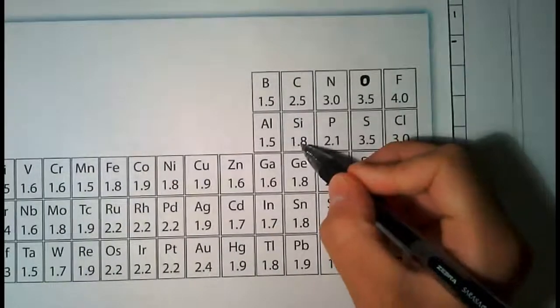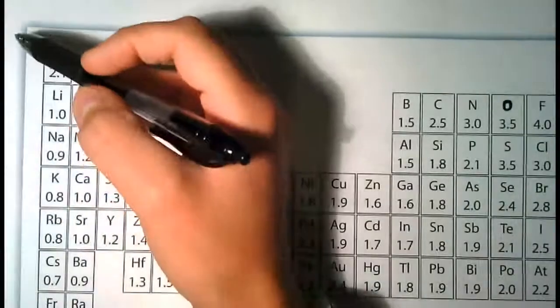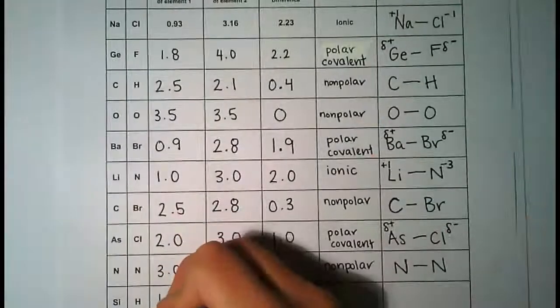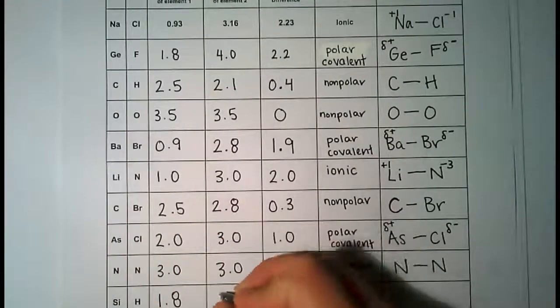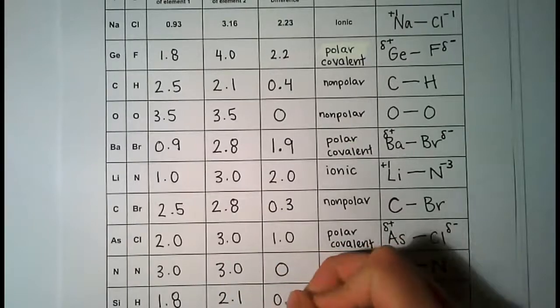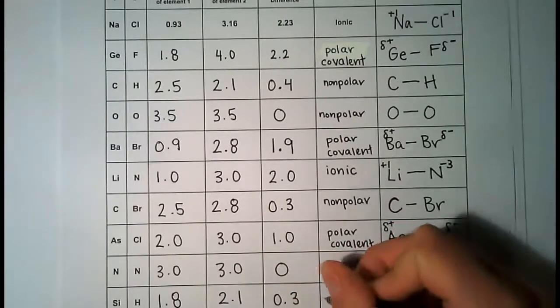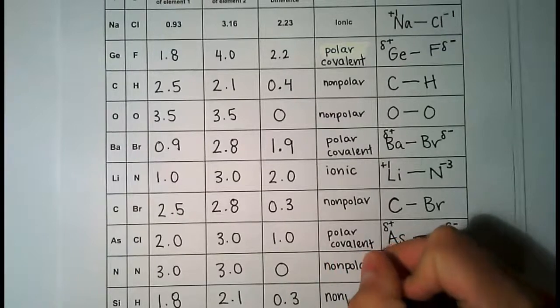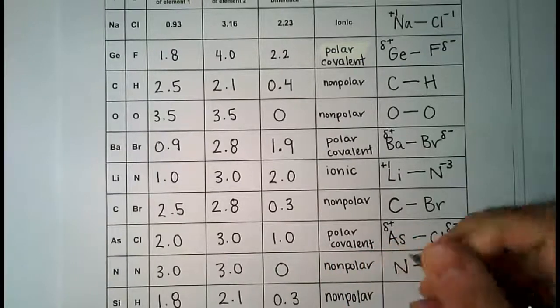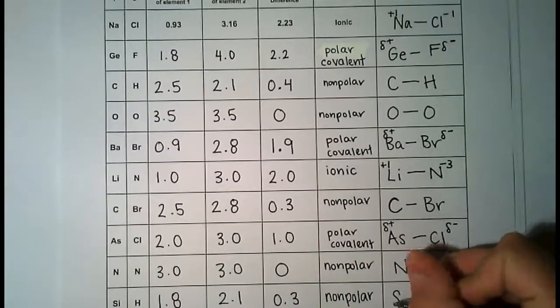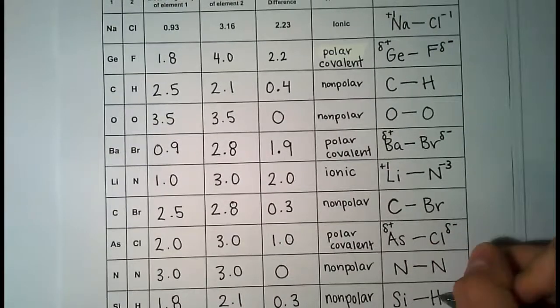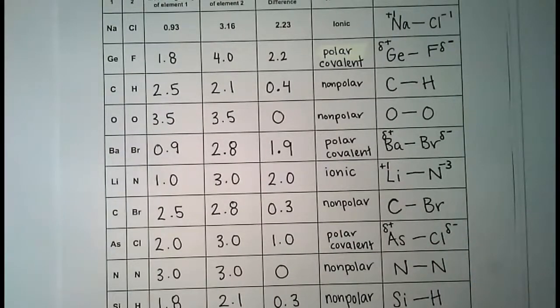So silicon is 1.8, hydrogen is 2.1, which is a difference of 0.3, which is relatively nonpolar. So silicon and hydrogen is a nonpolar bond.